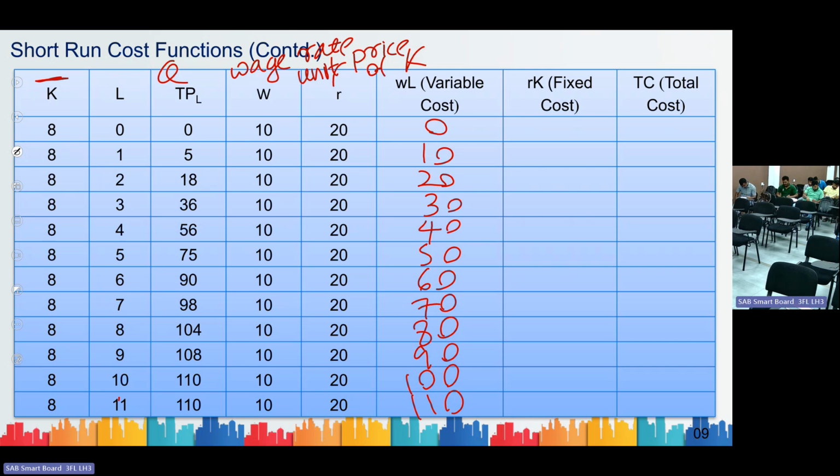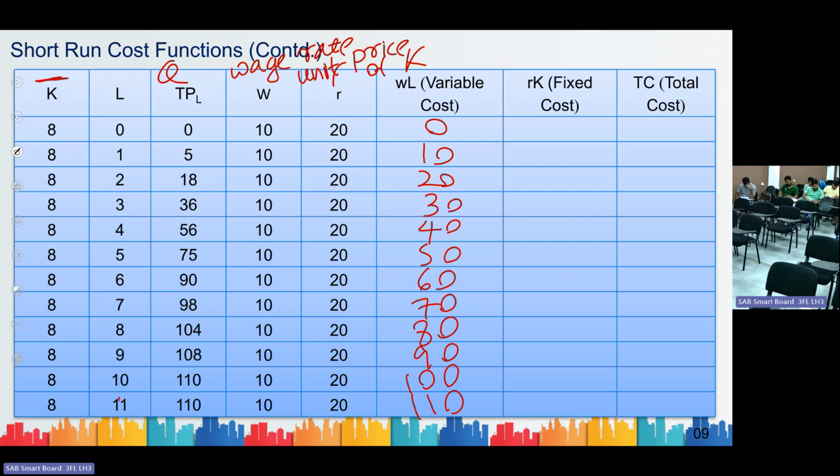And then calculate fixed cost. Fixed cost is for the fixed input. What is the fixed input? Capital. What is the unit price of capital? R. Multiply K by R. K is number of capital units. This is the unit price of capital.